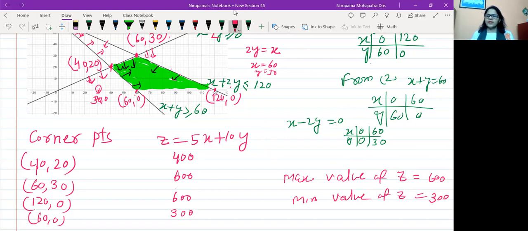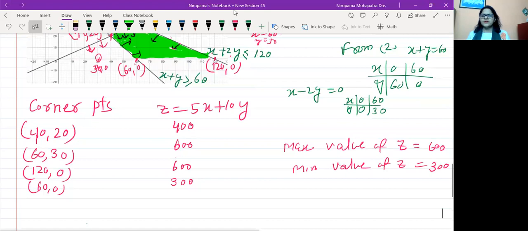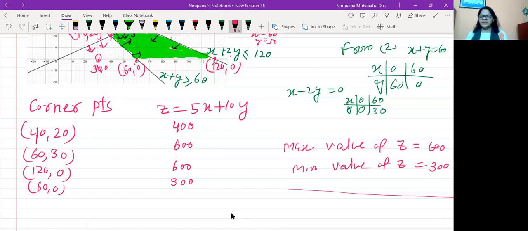You can also write maximum value of Z equal to 600 at 60, 30 and 120, 0. Sorry, at 60, 30 and 120, 0, 600, 600, correct. And minimum value of Z at which point? 60, 0, right?